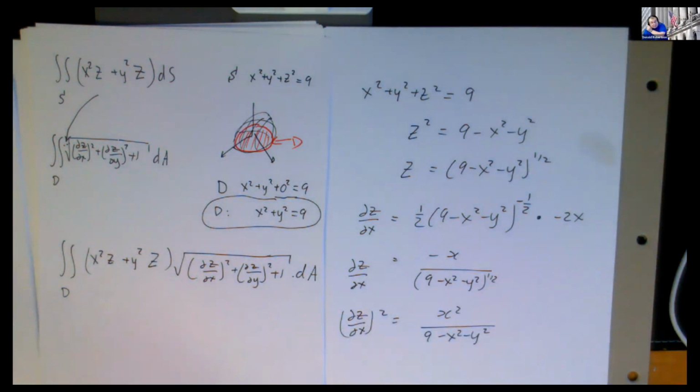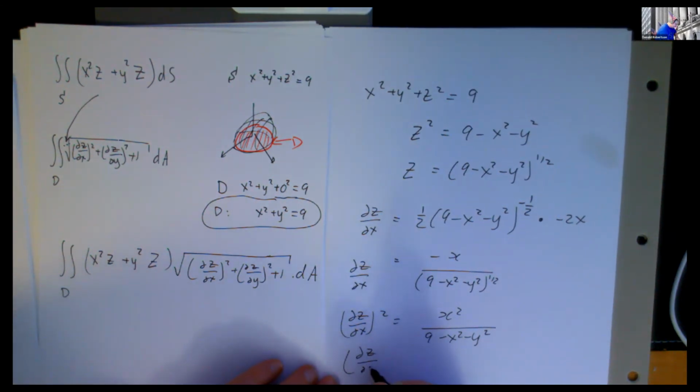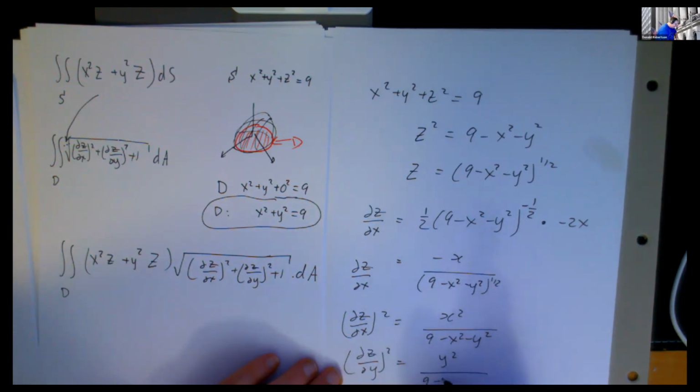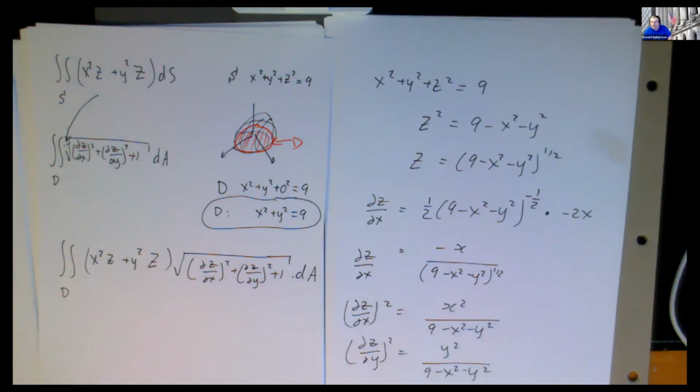Are you happy about what happened there? Great. Now, I'm going to use symmetry. Can we just assume that it's pretty obvious that the first one gets you that, the second one will get you that?